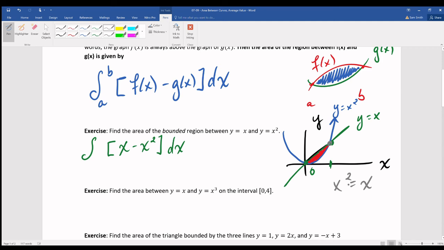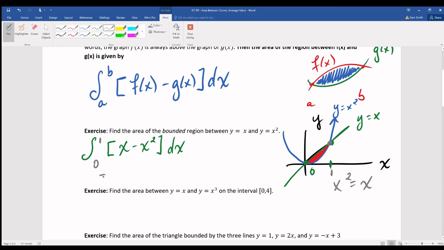Now, as we can see, this equation holds true for x equals 0, indeed, but this equation also is true for x equals 1, since 1 squared is equal to 1 again. So I will integrate this function from 0 to 1 to get the area of this red region.